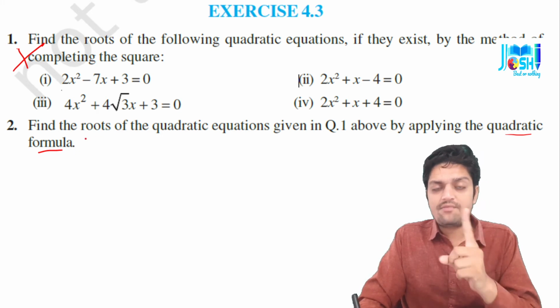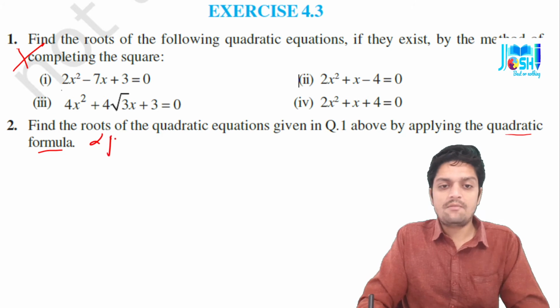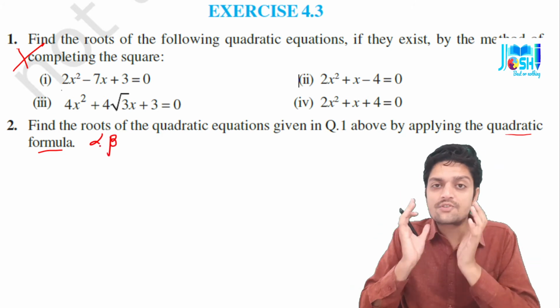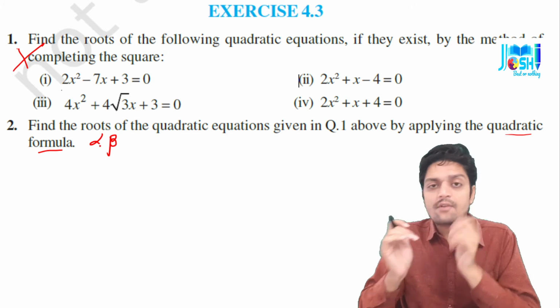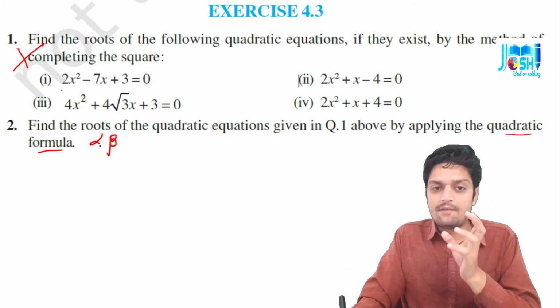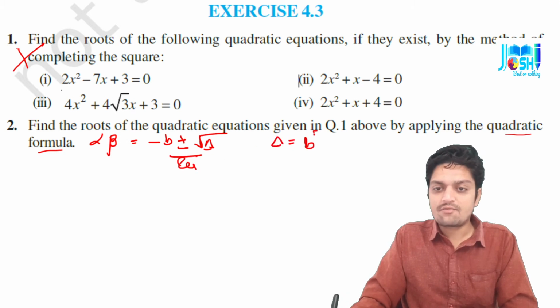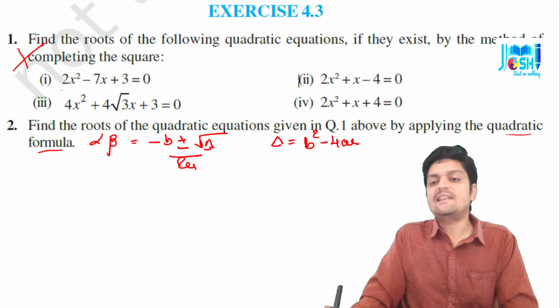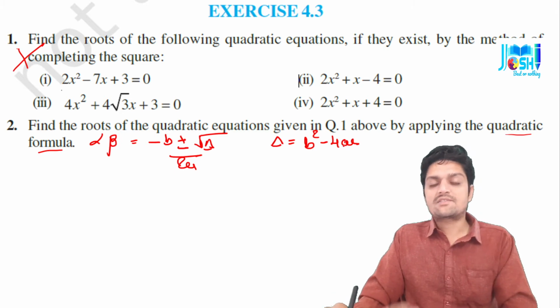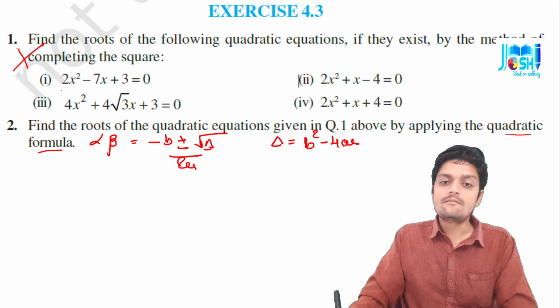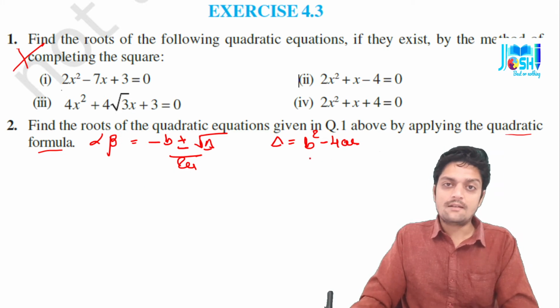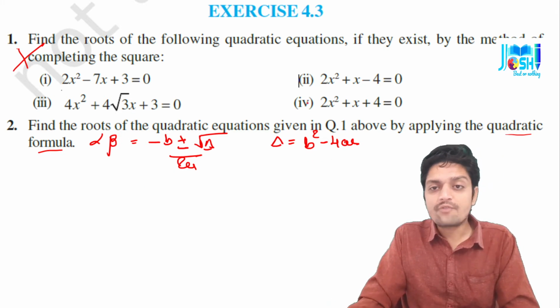If alpha and beta are both the roots of any quadratic equation, then alpha, beta is equal to minus b plus or minus root of delta upon 2a, where delta is equal to b square minus 4ac. It's called the quadratic formula. So using this formula, you have to get the answers of these questions.